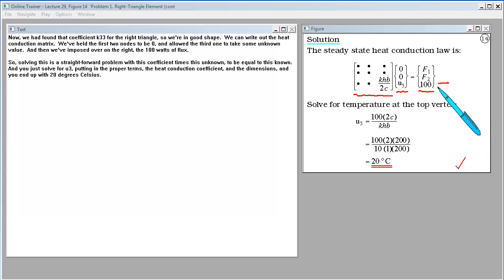So solving this is a straightforward problem with this coefficient times this unknown equal to this known. You just solve for U3, putting in the proper terms, the heat conduction coefficient and the dimensions, and you end up with 20 degrees Celsius.